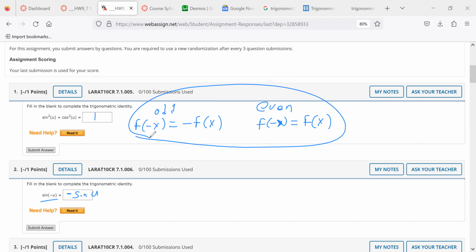Are there any questions on 1 and 2? About the definitions? Do we have to put the negative sign with the u in parentheses or no? You don't have to, but I don't trust the program, so I would probably just put them just in case. Okay.